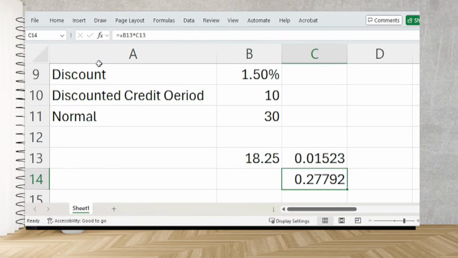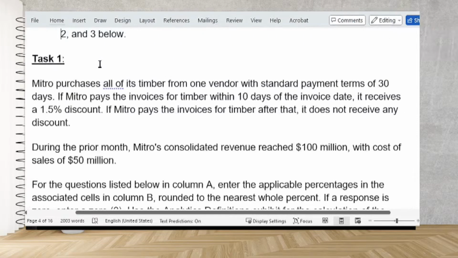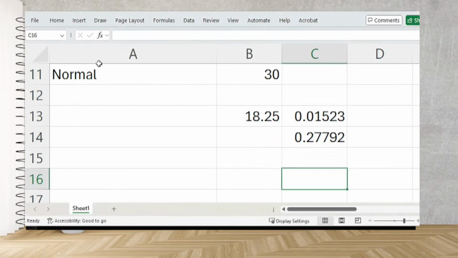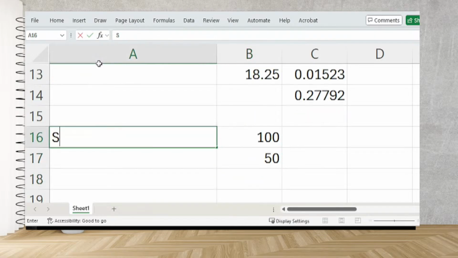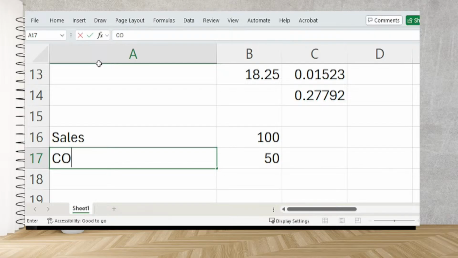Okay, so what are the sales and purchase numbers? Revenue reached 100 million with a cost of 50 million. So sales is 100 and the 50 is basically the cost of goods sold.